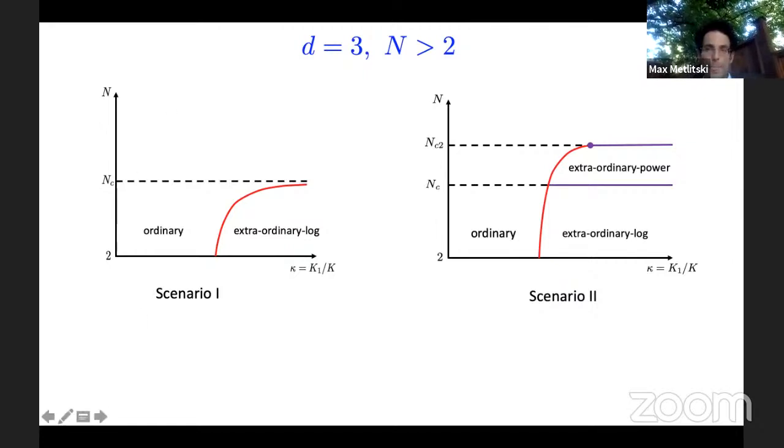So let's see how we are doing for time. But in the next section of the talk, I'll discuss what is known from numerics about these questions. But first, any questions at this point? All right. If not, let me go on.